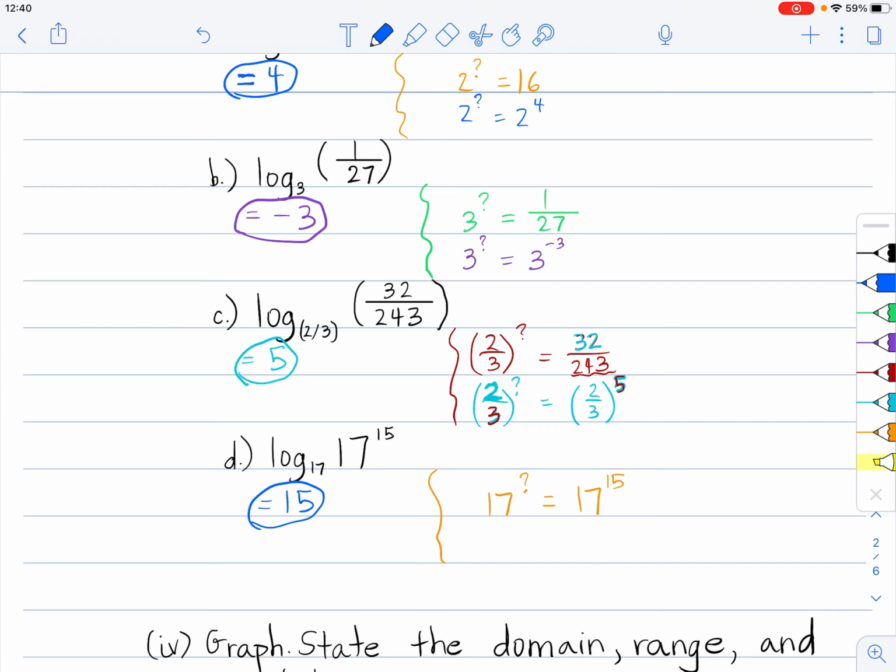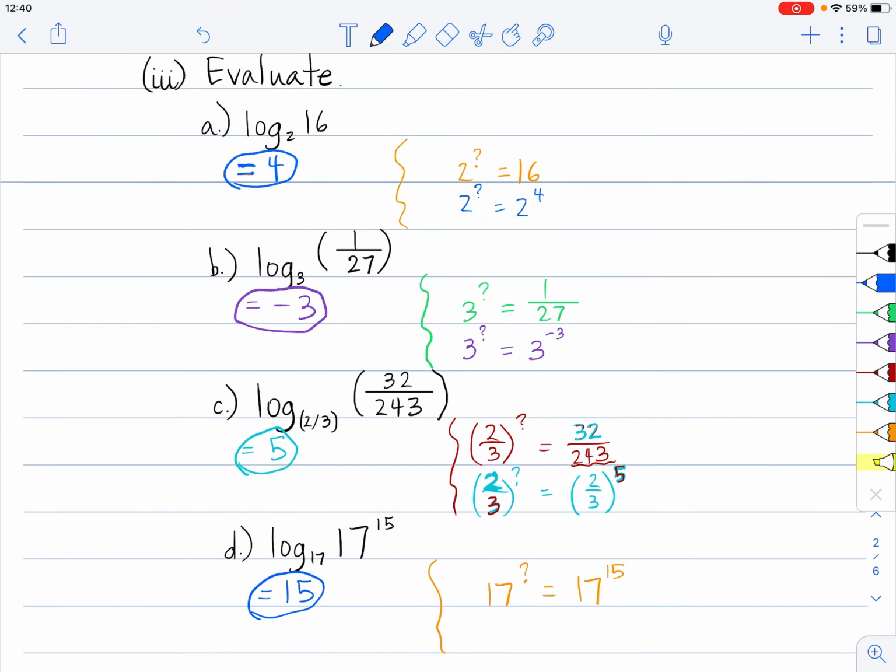Now, the only other thing that I want to tell you is that in the homework, some of the ones that are kind of like this are going to say solve. x equals log base 2 of 16. And it's asking you to evaluate log base 2 of 16, and that means that x equals 4. So then, in this case, they would write solution set 4.